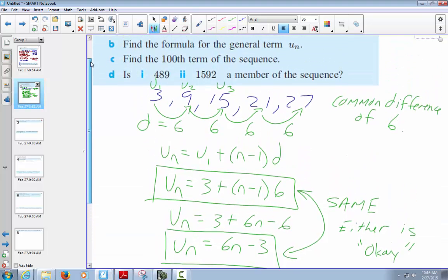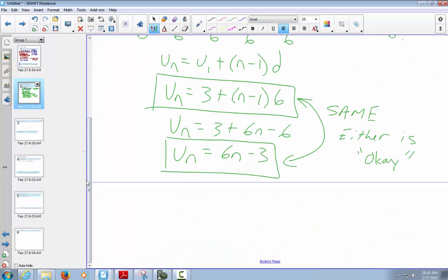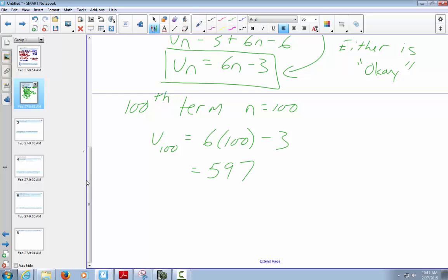Okay, now that we have a general form, find the 100th term of the sequence. 100th term means n equals 100. So u 100 equals 6 times 100 minus 3 equals 597.